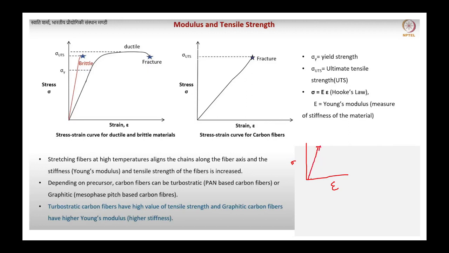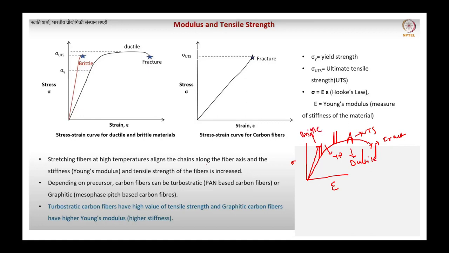But if your material is ductile, then it will go like this, and you will get some yield point here, and somewhere here you will get a UTS, and here your material will fracture. So this is for the ductile material, and this is for the brittle material.